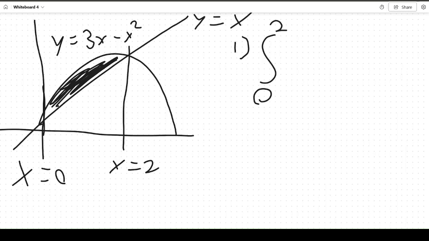And the top function would be 3x minus x squared, and the bottom function would be x, since x is the bottom function, dx.